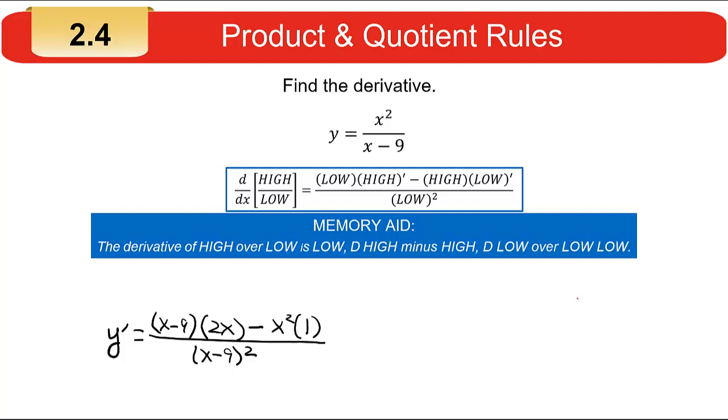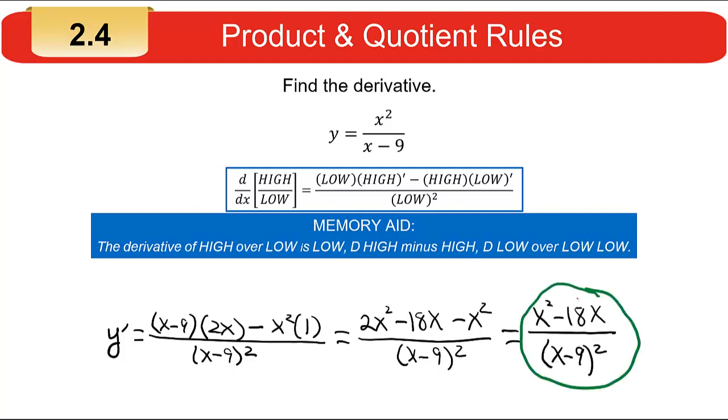And then if you clear your parentheses in the numerator, you get a very simple expression with all the common terms combined. And that's about as simple as you could possibly write it. That's just a classic, straightforward quotient rule problem.